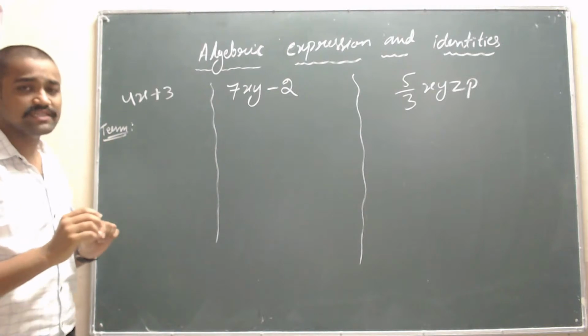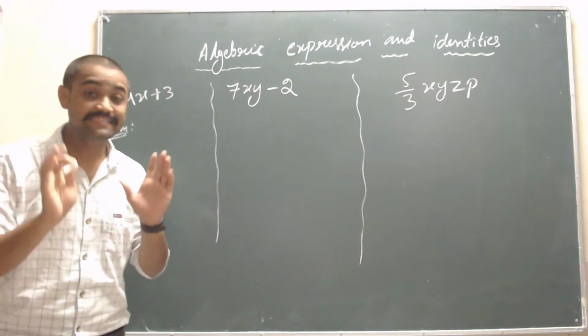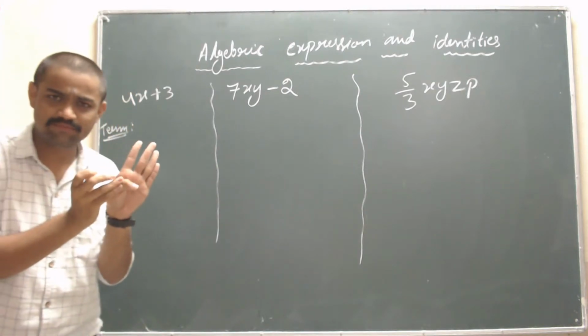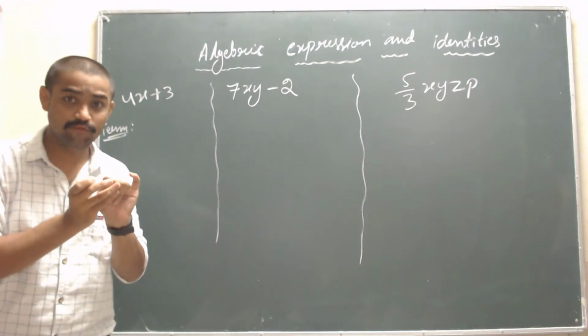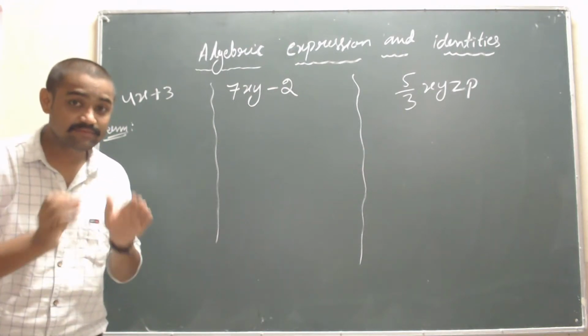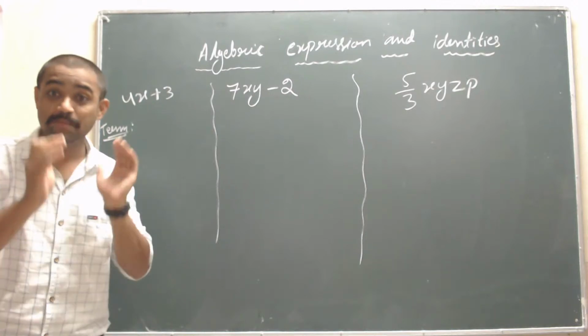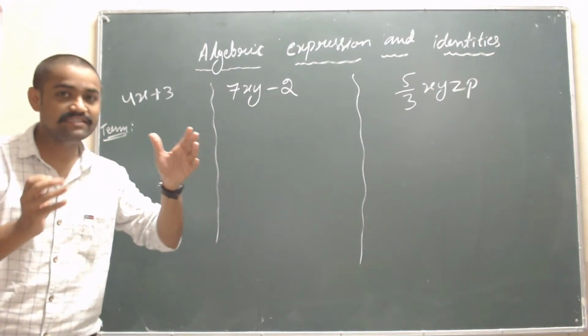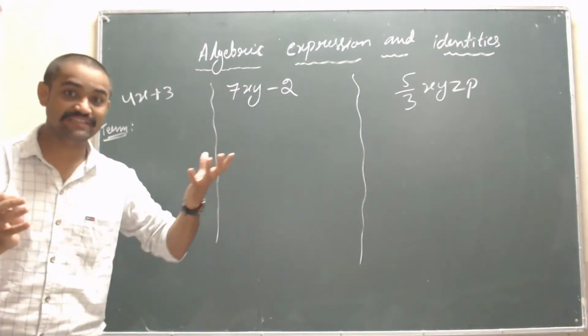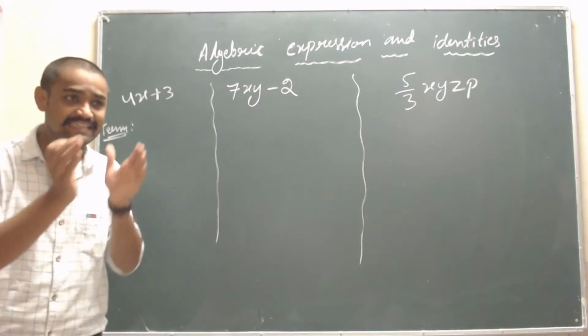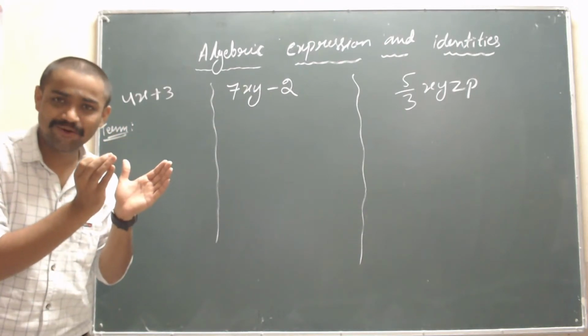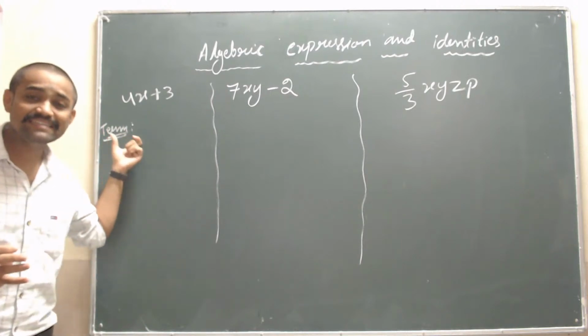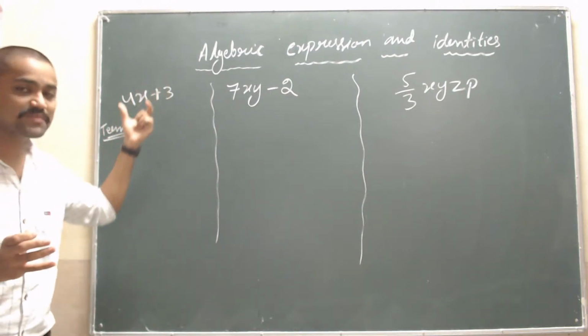What is meant by a term, students? First term, second term, third term, fourth term. A term means a part, like first term book, second term book. That is a part, students. What are the terms in an algebraic expression?